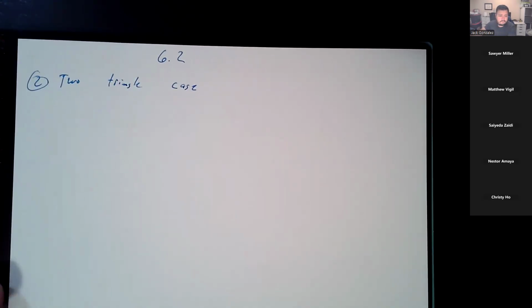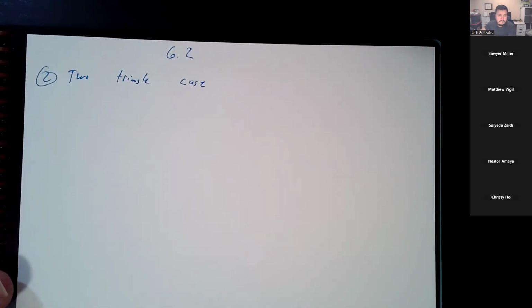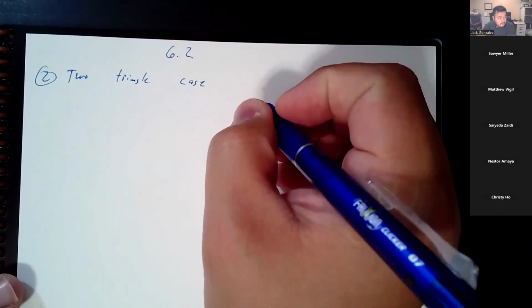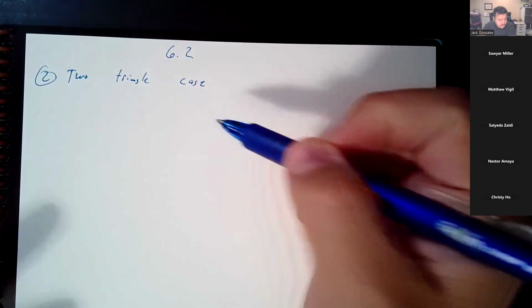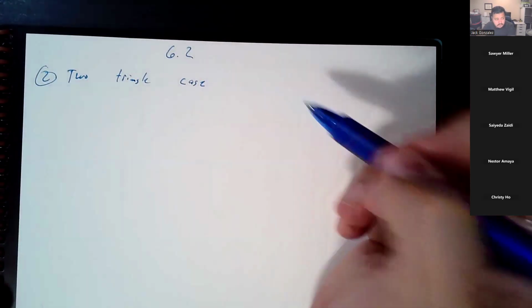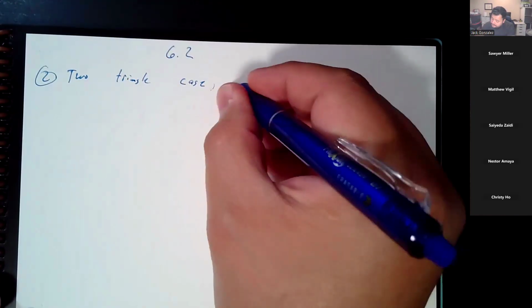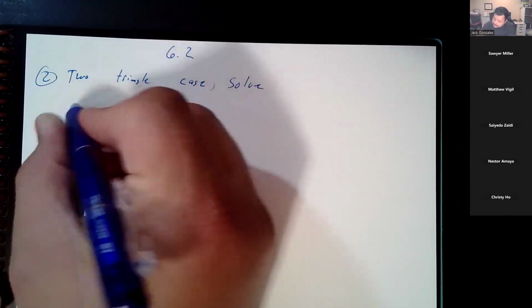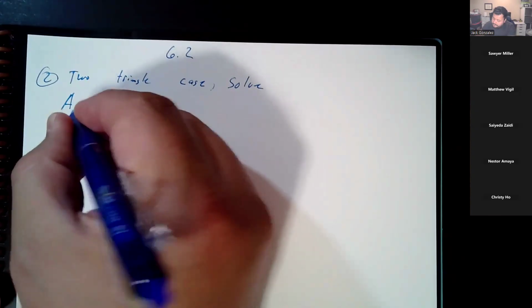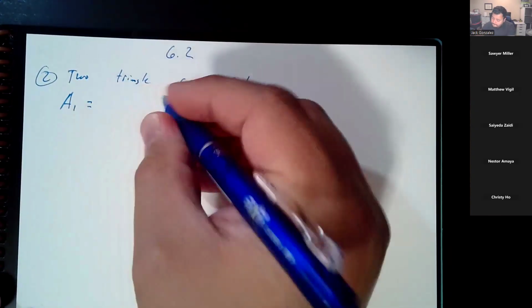Okay. So I'm telling you it's a two triangle case that they don't actually tell you. I'm just labeling it that. So we got A, call it A1, B1.